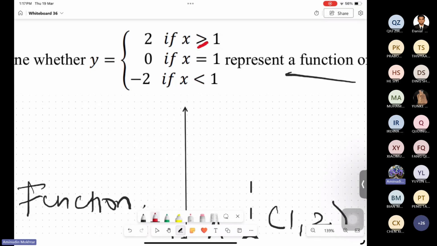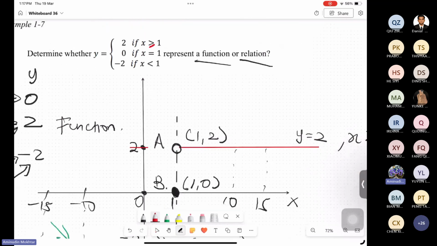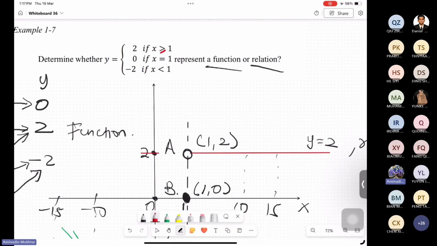And then the second one, y equals 0 if x equals 1. y equals negative 2 if x is less than 1.